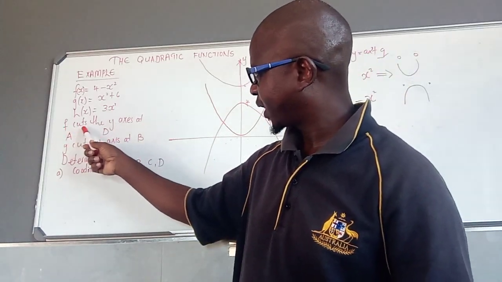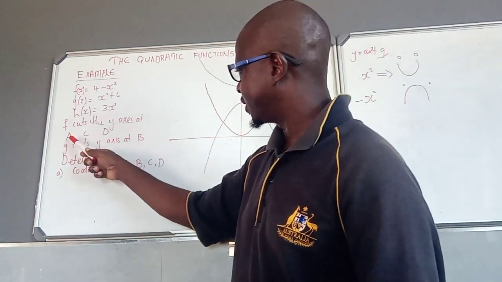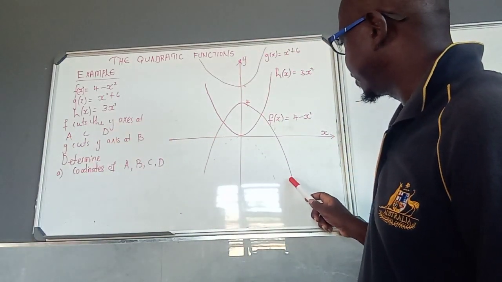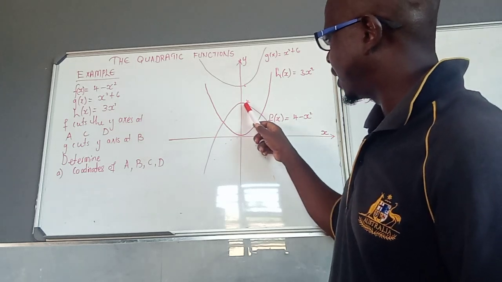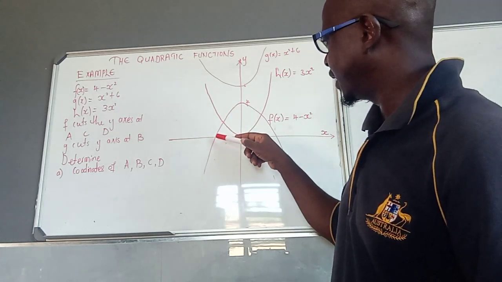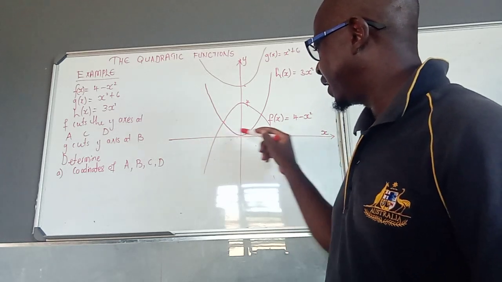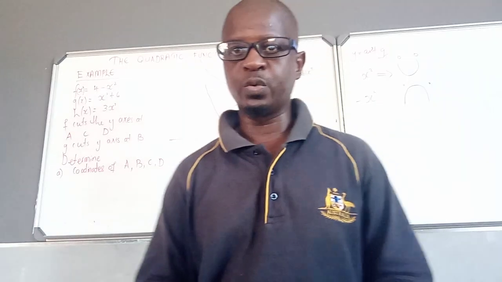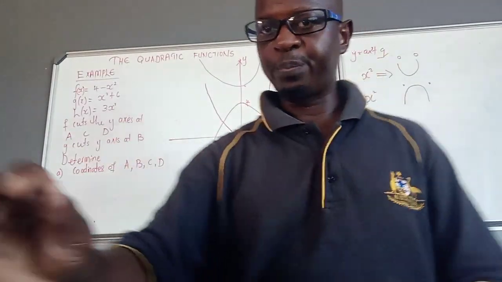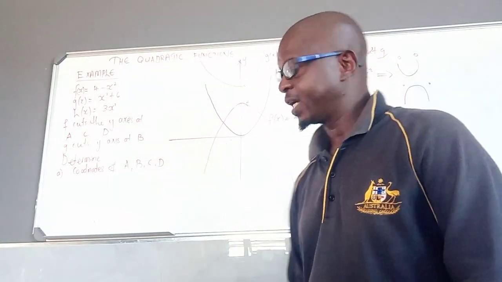It says f cuts the x-axis at A, C, D. It cuts the x-axis here and there. Just allow me to check which of the letters are appropriate there. Okay, once again, that's correct.